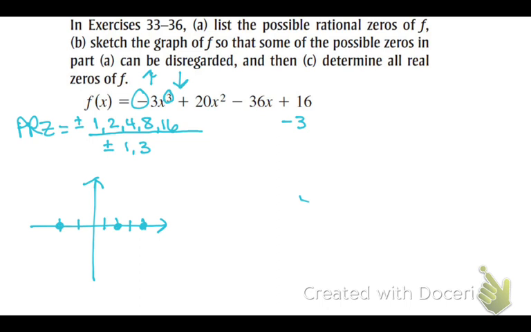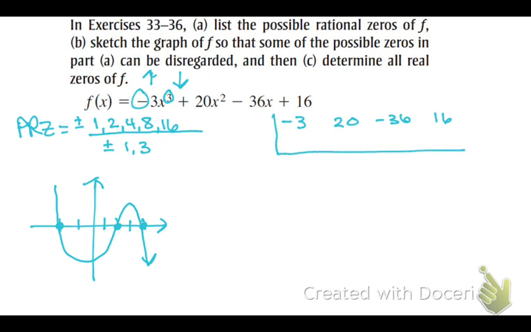So it would go, I don't know if that's what it looks like, but that's just what it told me, right? Yeah. Okay. And now I'm going to find it. So -3, 20, -36, 16. Again, I have no clue if that's what it looked like. -2, 2, and 4 were easy to graph. That was the only reason I picked them.